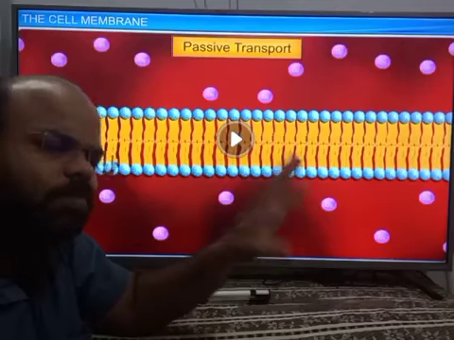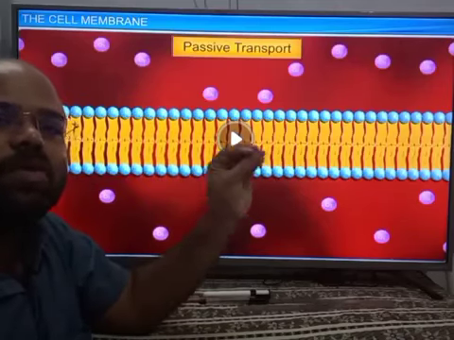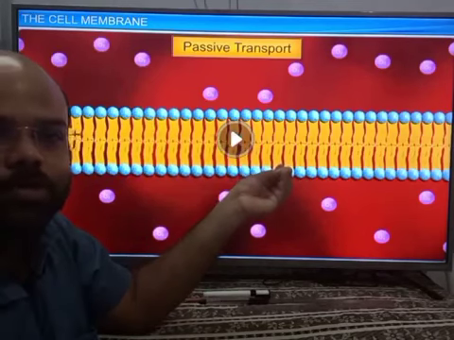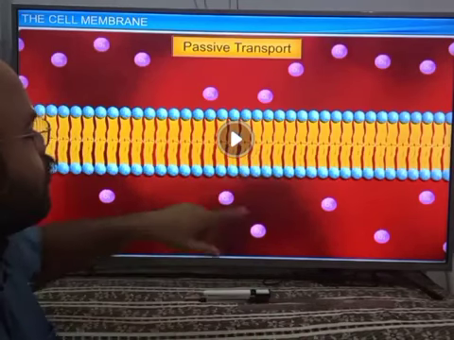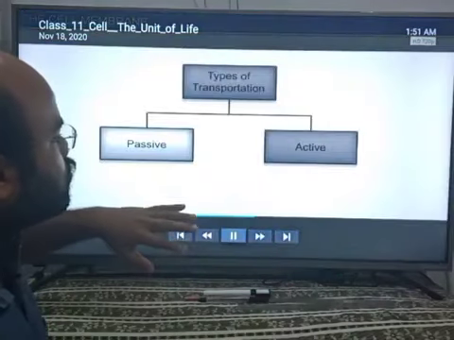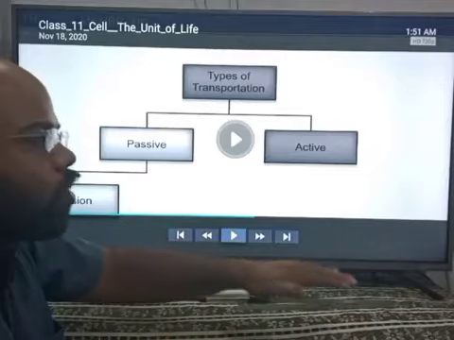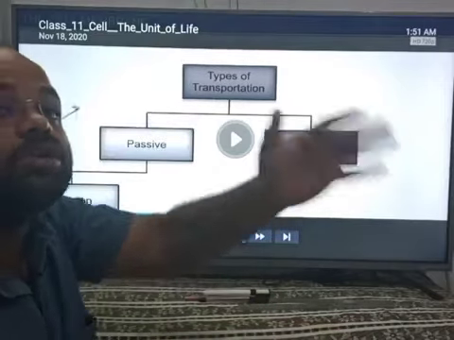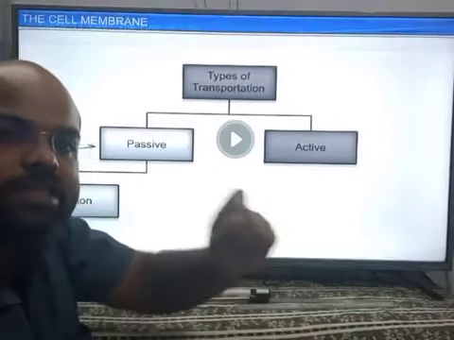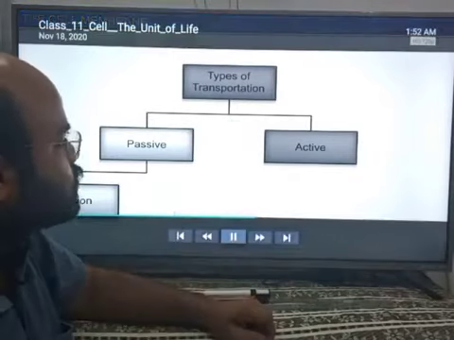Passive transport means normal transport. Always transport occurs from high concentration of a molecule to low concentration. This is passive transport. But active transport occurs from low concentration to high concentration, which is not generally possible. So for this, energy is needed. I discussed these things.